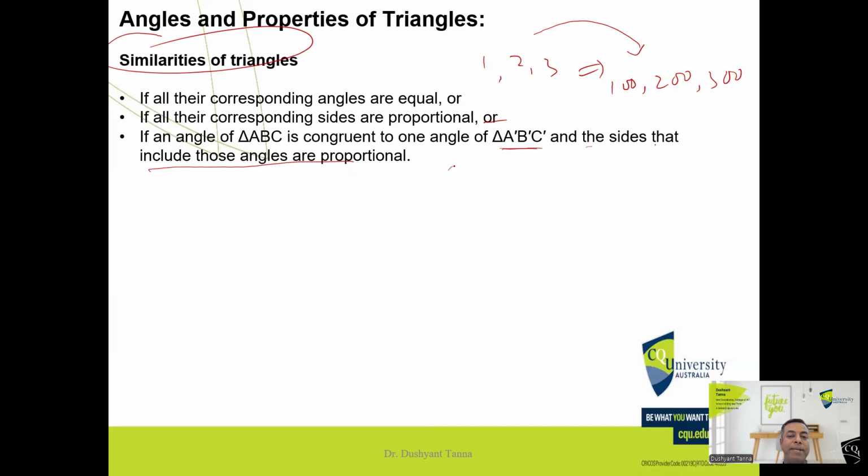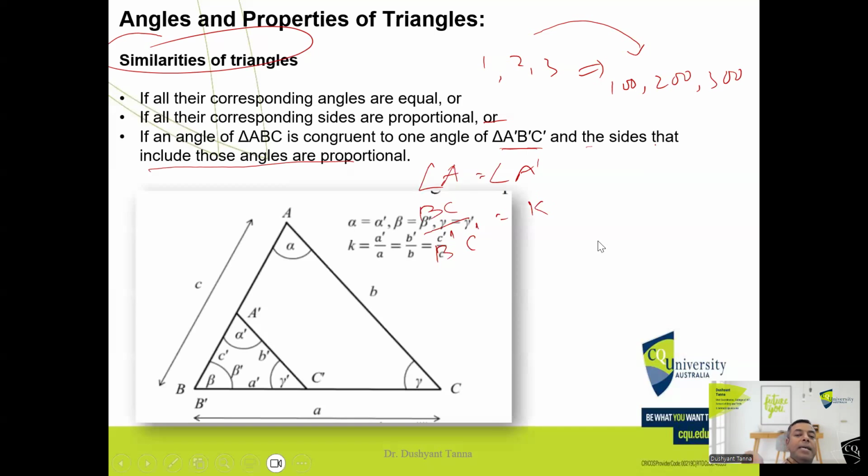For example, angle A is the same as angle A dash, A is connected between B and C, and the other one is B dash C dash. They are equal to some constant K, proportional. Then the triangles are said to be similar.